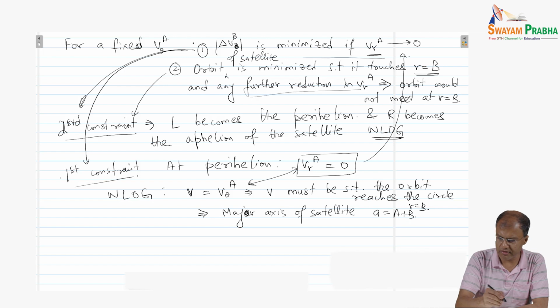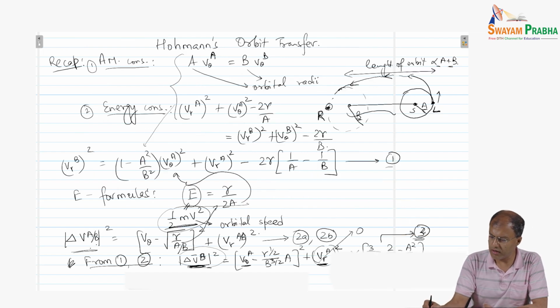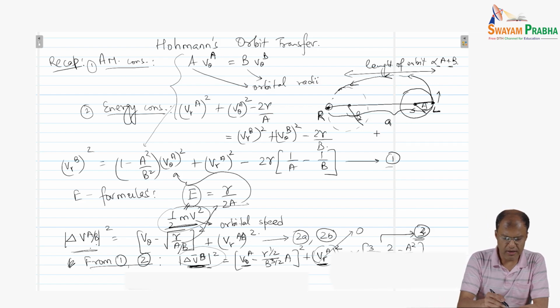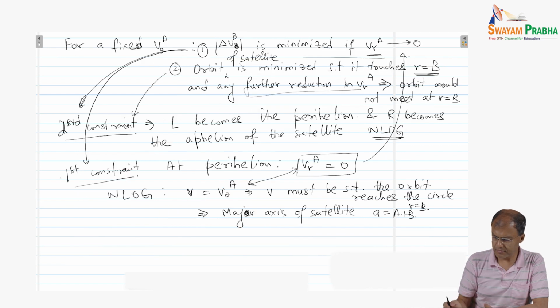So what is the major axis? Coming back to the diagram, this quantity is the major axis. Well, no, not this quantity. So from here to this point is the major axis, right? So the major axis is A, and A must be equal to a plus b.